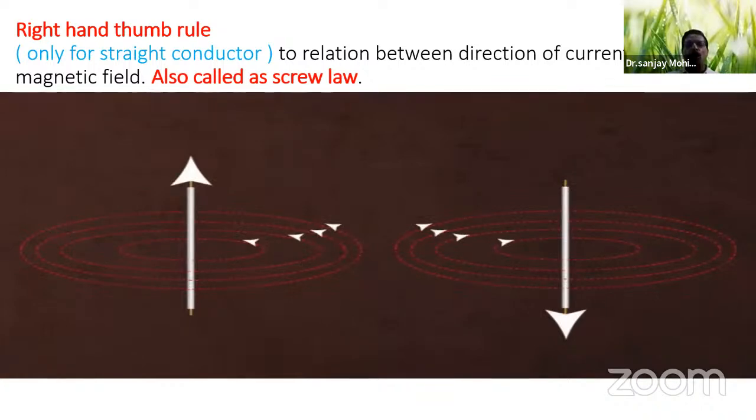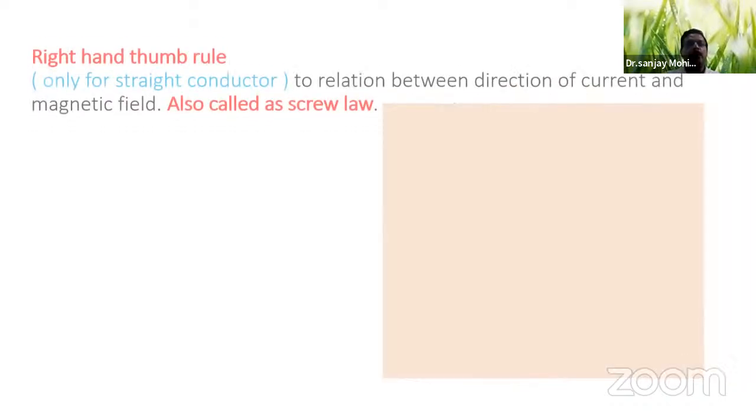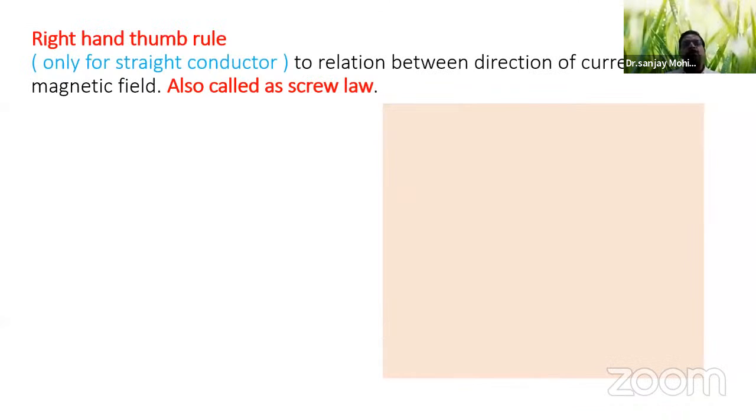This law is in our textbook, mentioned as the right hand thumb rule. The right hand thumb rule is used to determine the direction of the magnetic field and the direction of current.